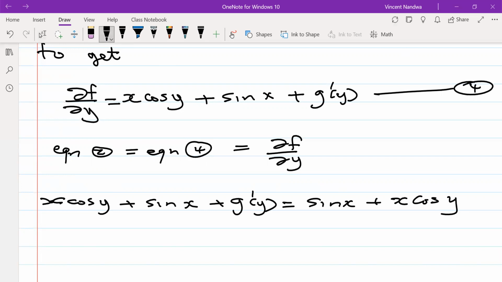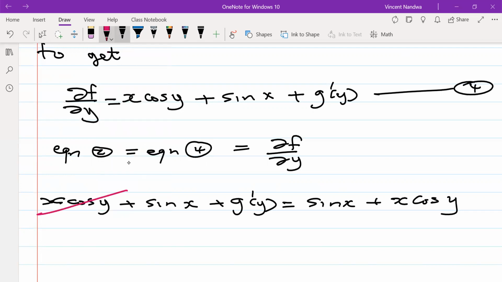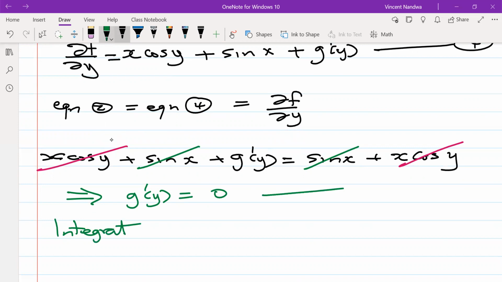When you do this, some terms will cancel out, like x cos y cancels out, and sine of x cancels out. So this means that g prime of y equals to 0. I call this equation 5.